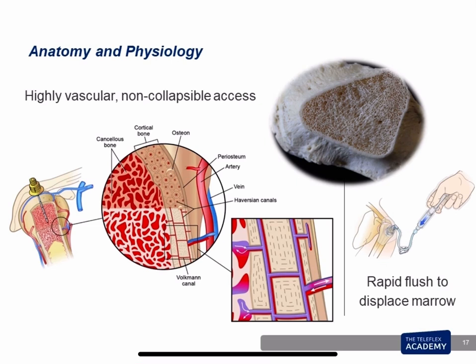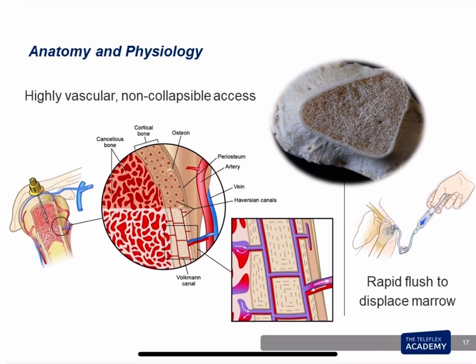There are a lot of these bridging veins and Haversian canals that transmit fluids and medications from the medullary space to the venous circulation. And unlike veins, central or peripheral, which typically will collapse when someone is in hypovolemic shock, for instance, one can think of an IO access site as being a non-collapsible vein.